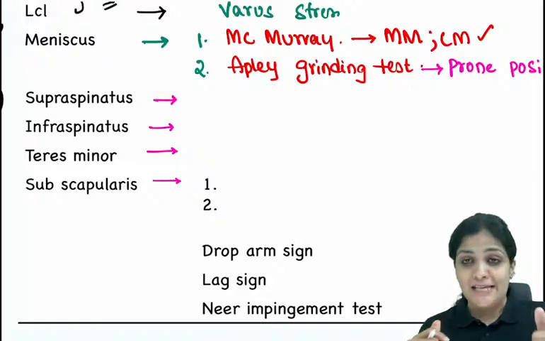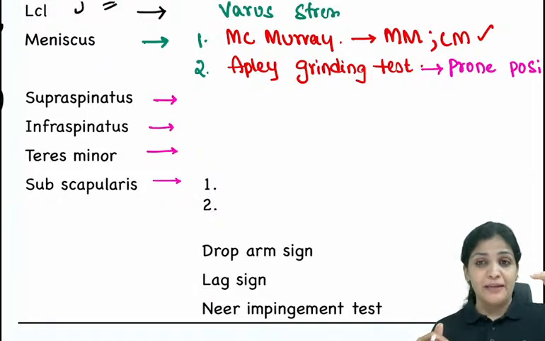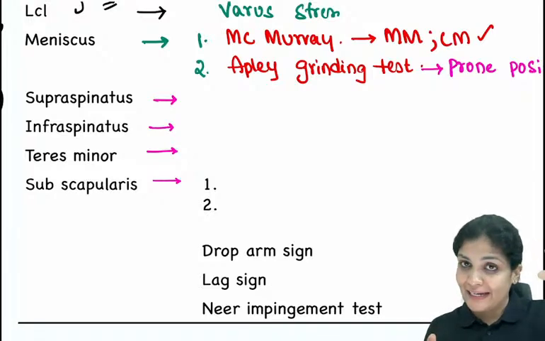So let us take the example of supraspinatus. This supraspinatus is present above the spine and gets attached to your greater tuberosity, right?